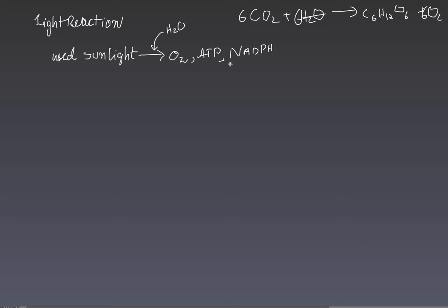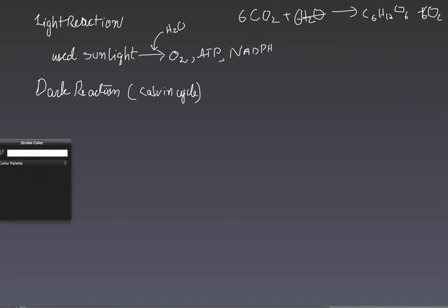Now in the dark reaction, or the light independent reaction, remember that it's called dark reaction because it doesn't necessarily need light to occur, but it does occur in the presence of light. So it would be better if we just call it the light independent reaction, or the Calvin cycle, named after the scientist Calvin.